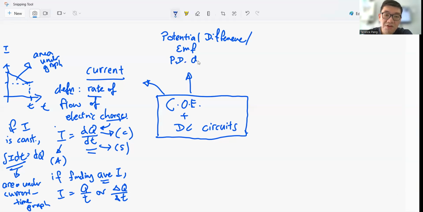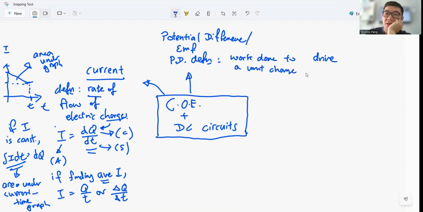PD definition: work done to drive a unit charge across a component, across an electrical component.